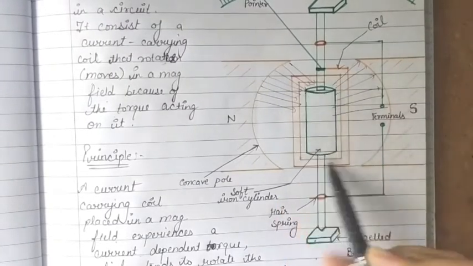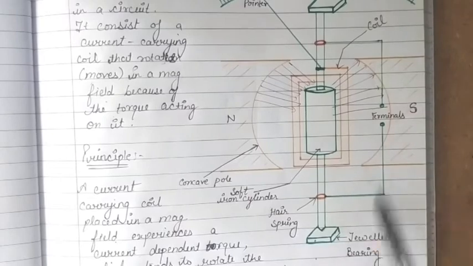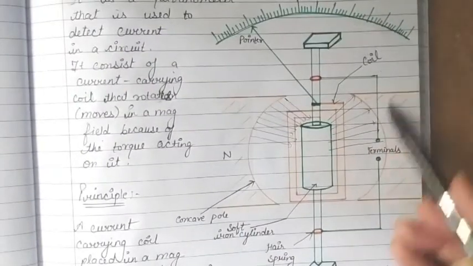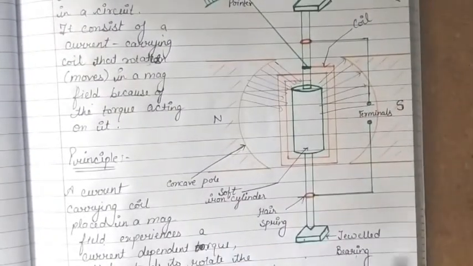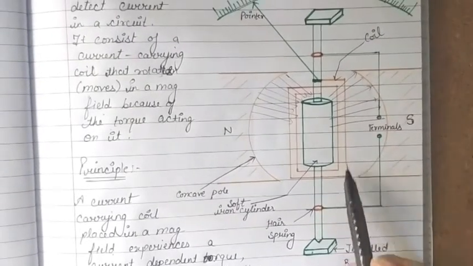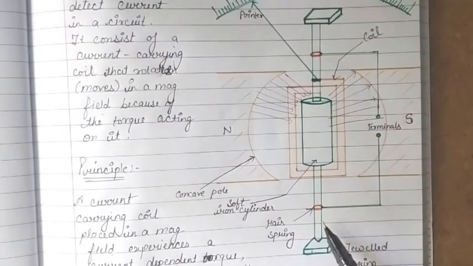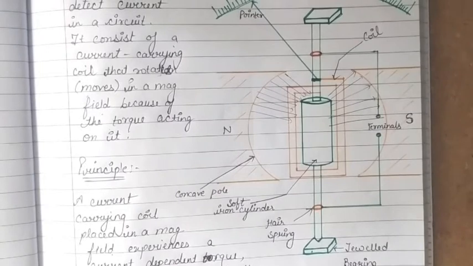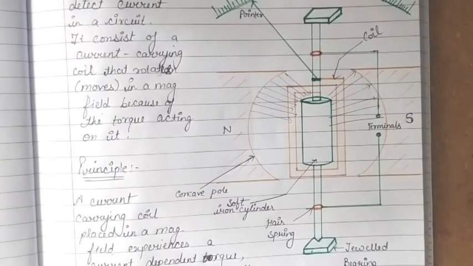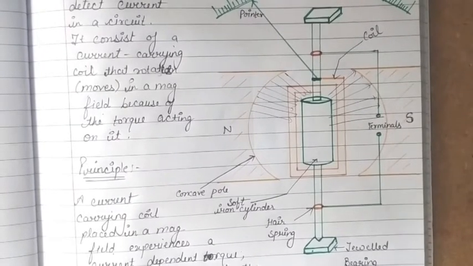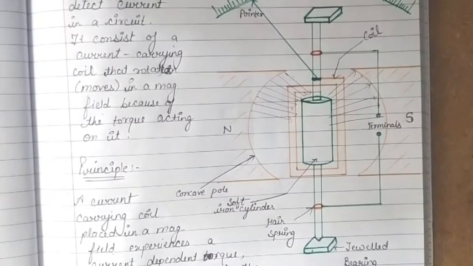We attach this coil with a pair of bearings, and also with a pair of hairsprings made of phosphor bronze, used to control the motion of the coil. The coil is made up of fine insulated copper wire wound on a light non-magnetic metallic frame.